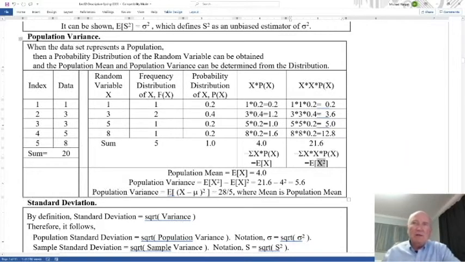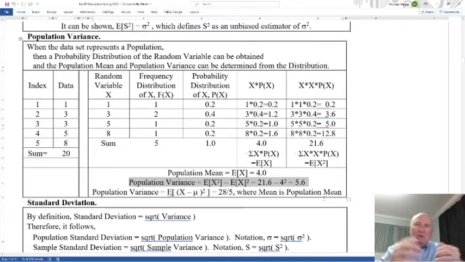Well, the population mean is 4. The population variance is not just this expectation of x squared. To transform that to the expectation of the second central moment, you subtract the square of the mean. So 21.6 minus 4 squared gives you the population variance.